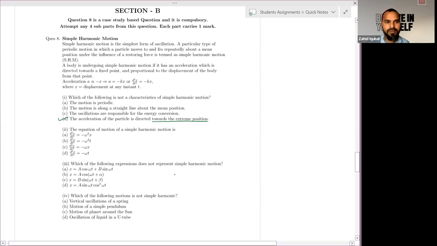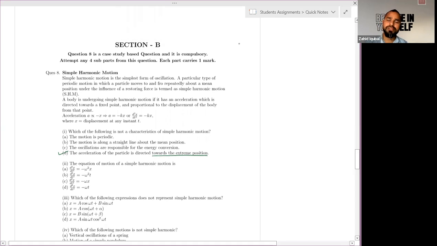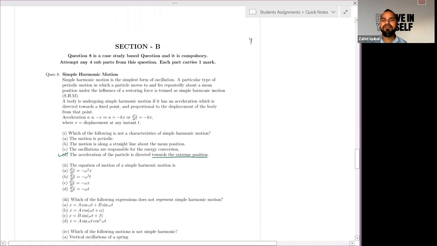Next, question number two. The equation of simple harmonic motion is, according to the formula for the general expression, suppose you have y equals a sin omega t. On differentiating it, you get velocity equals omega a cos omega t. On further differentiating, acceleration will be minus omega square a sin omega t.